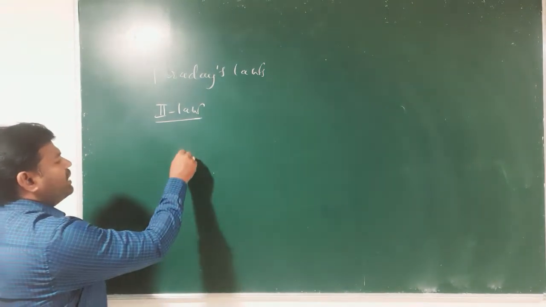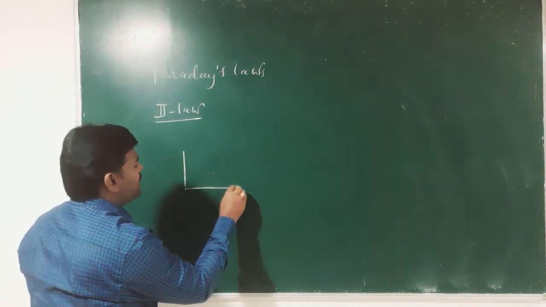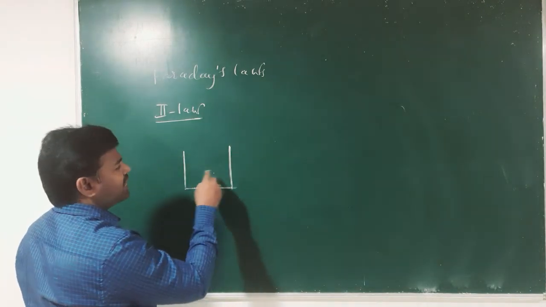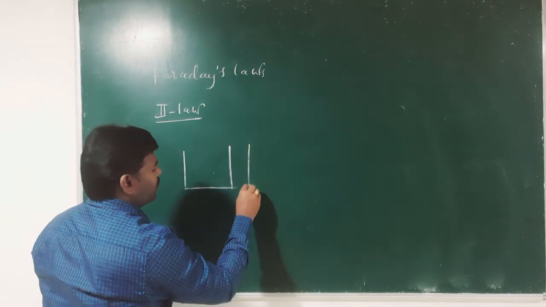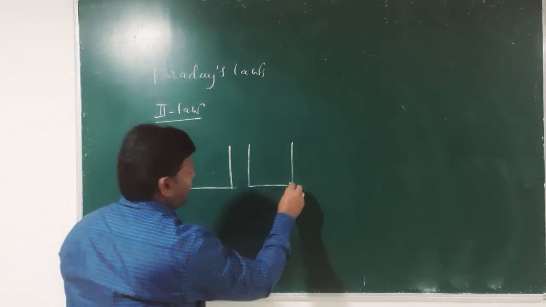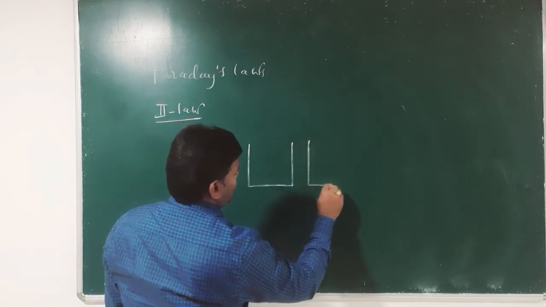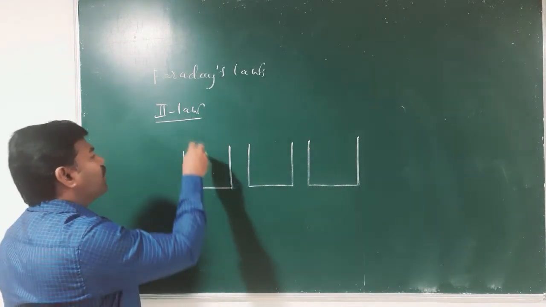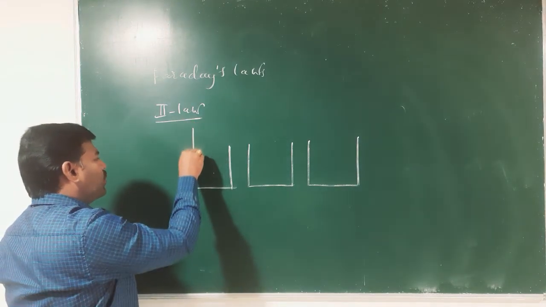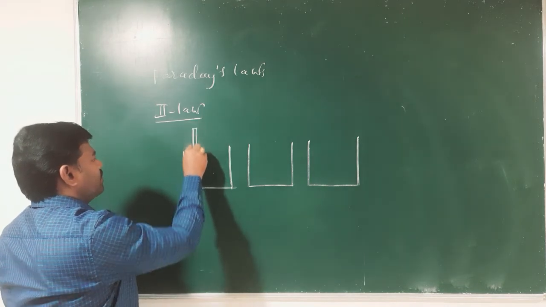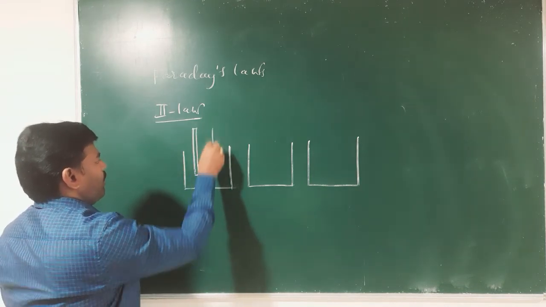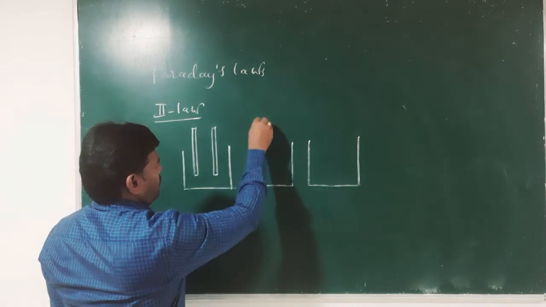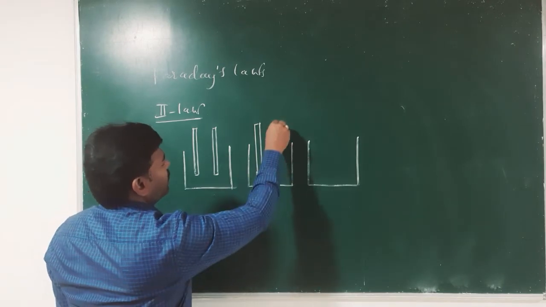If we take 3 electrolytic cells, we know that an electrolytic cell is a container. For constructing the electrolytic cells, we need 3 containers and 2 electrodes for each cell. This is another electrode.